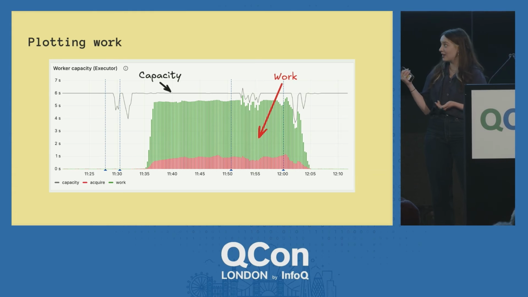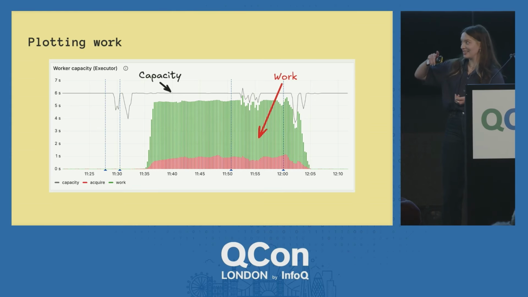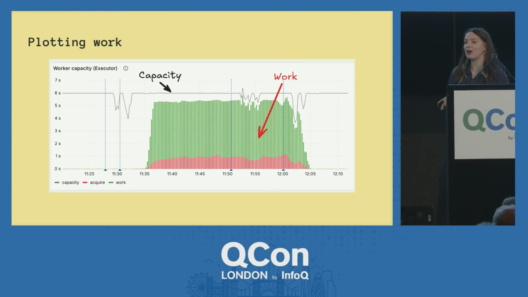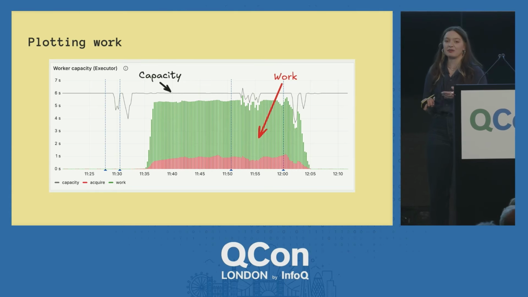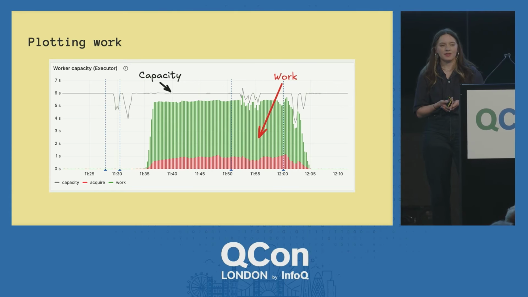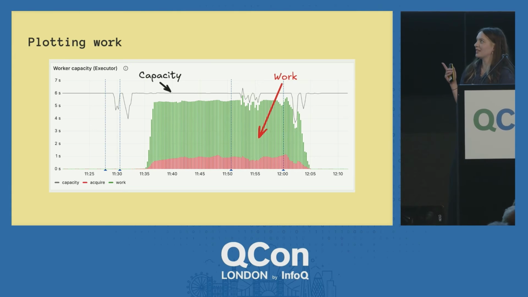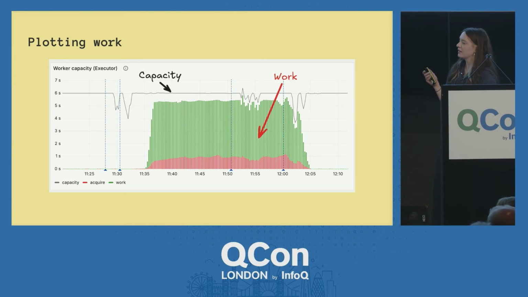You can see the work plotted in the green and red bars. This is during our load test, which is why there's such a big spike. And you can see here that we're entirely saturated, so we know that we can't process any more or go faster. The really interesting thing here, though, is making your limit a metric and not a static value.